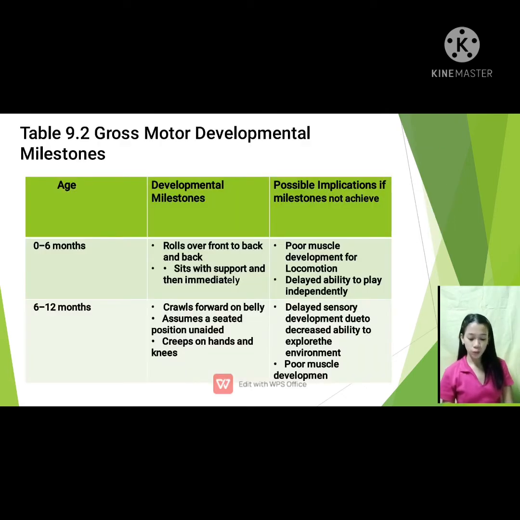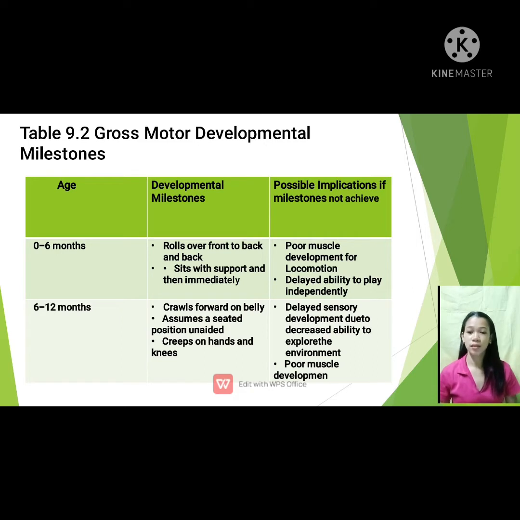In this table, we will see how infants or a person normally develop according to age, and on the other side, if they do not meet the expectation, what the possible implications are if they do not meet the developmental milestones of a child or the learners. First is age, developmental milestone, possible implication if milestones not achieved.